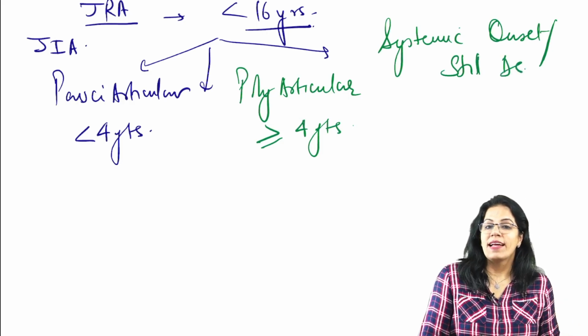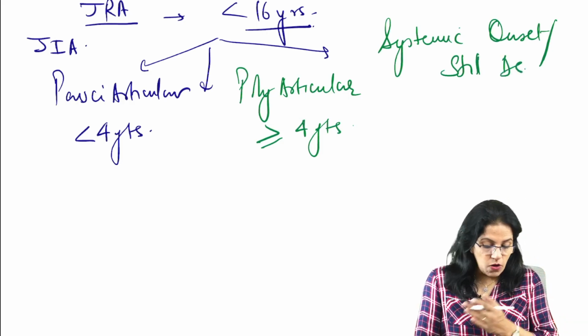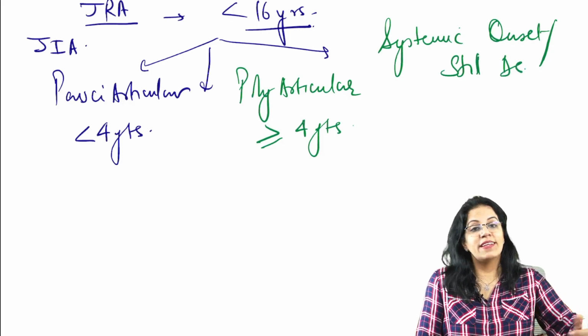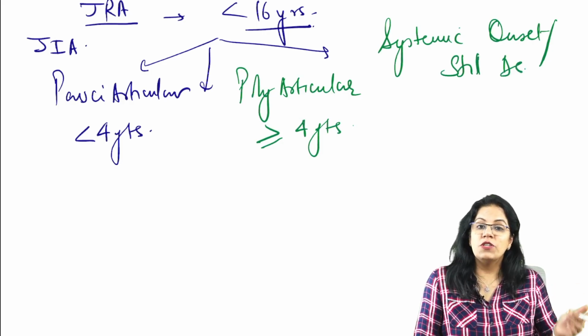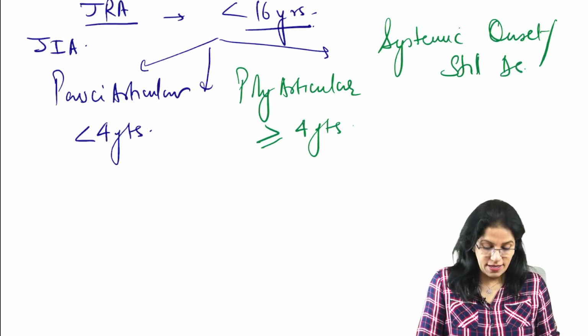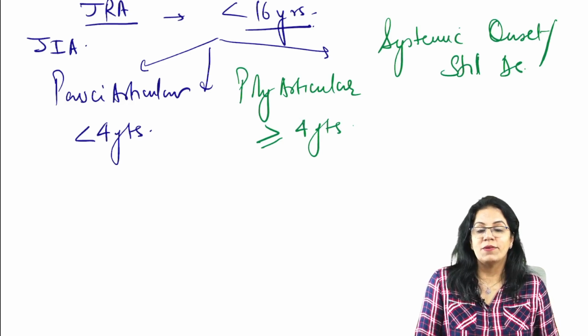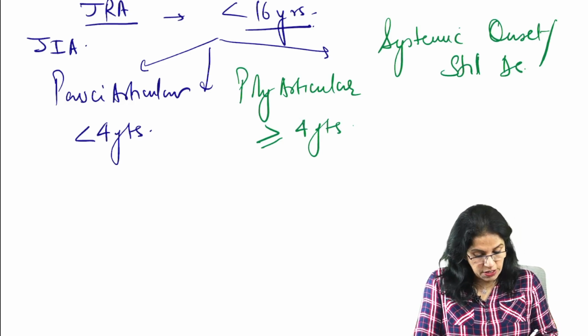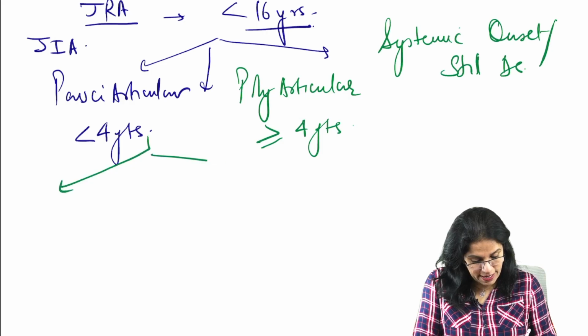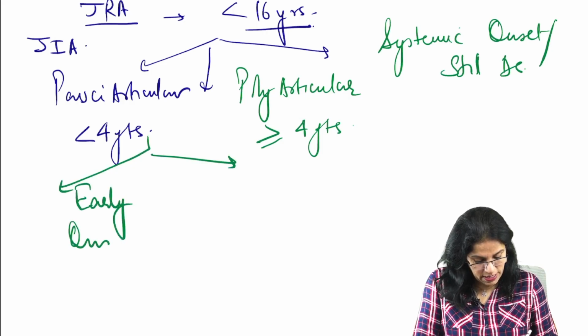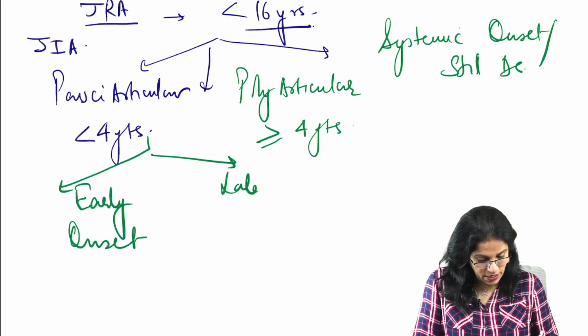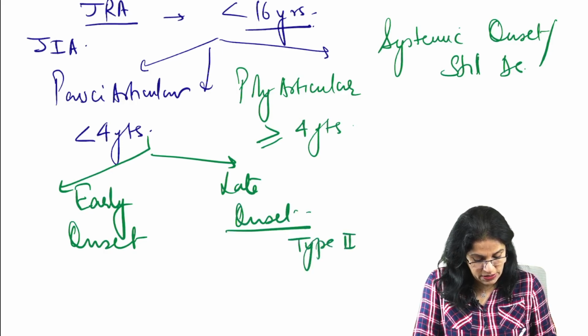Now, not all JRA are associated with uveitis. Which one is associated with uveitis? It is mainly the pauciarticular. Pauciarticular can be further divided as early onset or late onset. Late onset is called type 2 and early onset is called type 1.